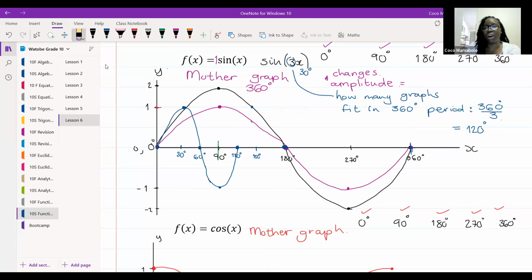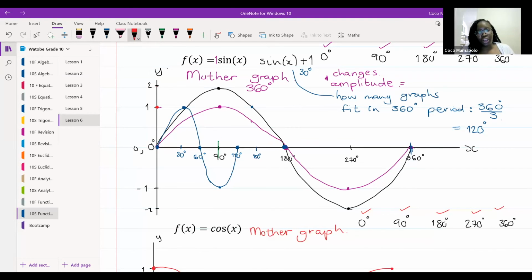Here's the next graph that we're going to do, guys. Sine of x plus 1. Okay, so go into your calculator, guys. Type in sine of 0, close brackets, plus 1. What does it give us? 1. Good, it gives us 1. Good.